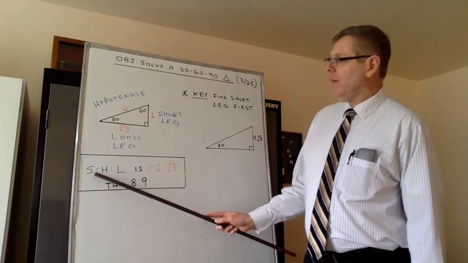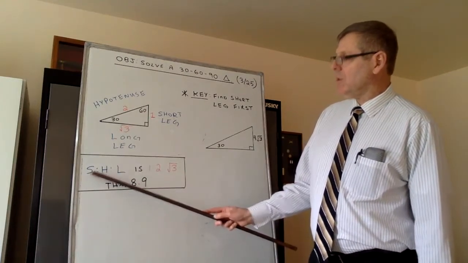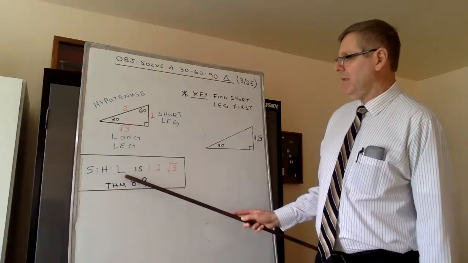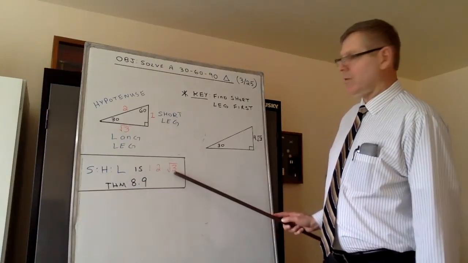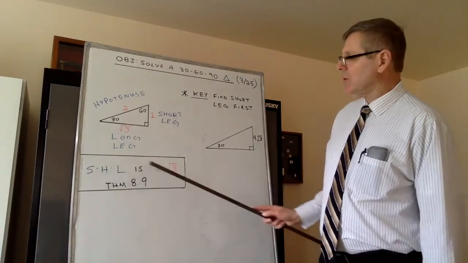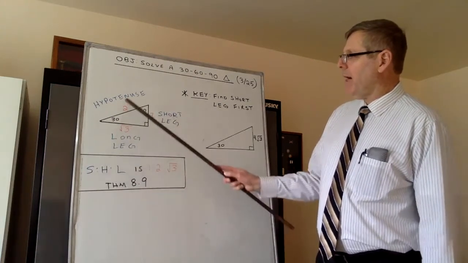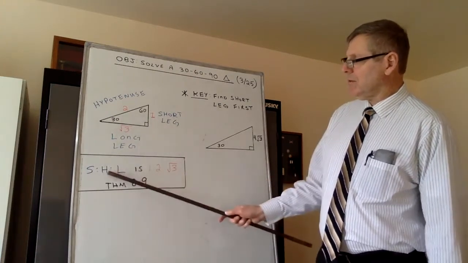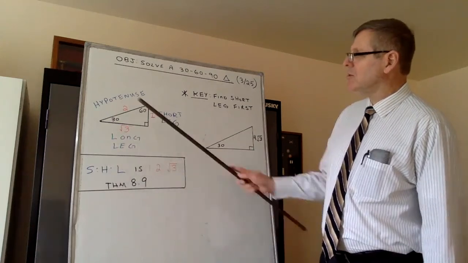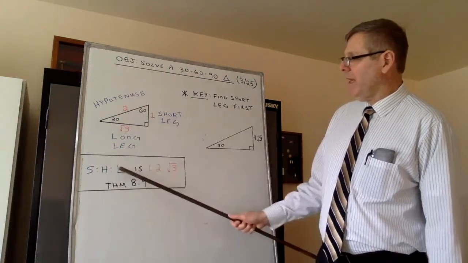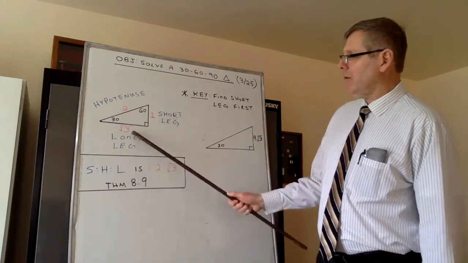It states that the ratio of the short side to the hypotenuse to the long leg is 1 to 2 to square root of 3. So that's saying if the short side is 1, the hypotenuse is 2, and the long leg is the square root of 3.